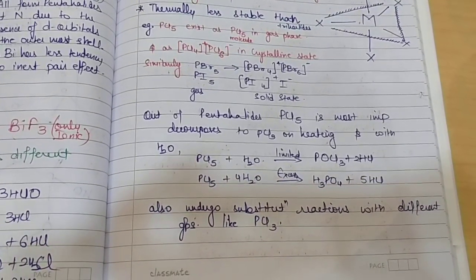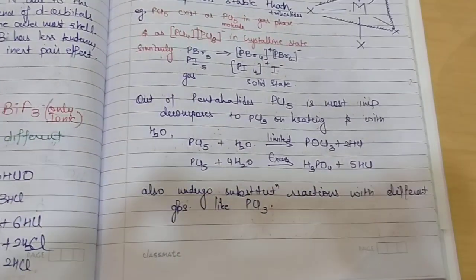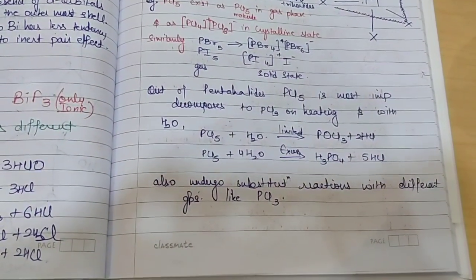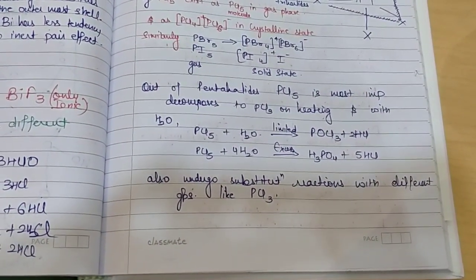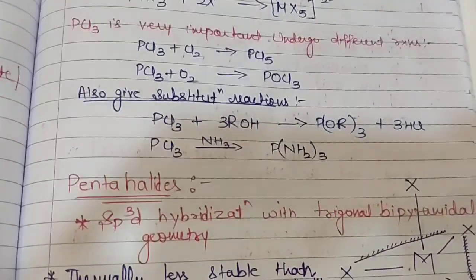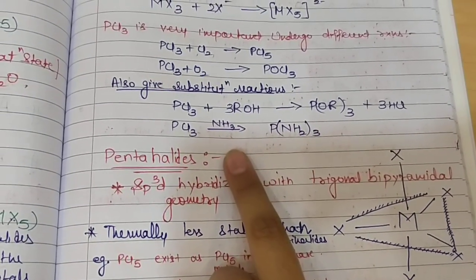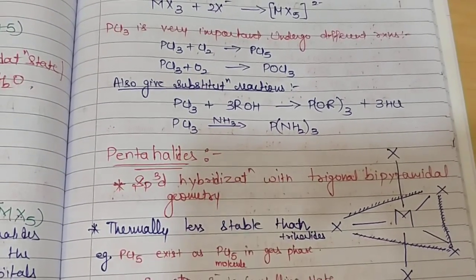We get phosphoric acid when PCl5 is reacted with excess of water. PCl5 also gives substitution reactions just like PCl3, just like the substitution reactions we discussed for PCl3, that it gives substitution reactions for organic compounds.